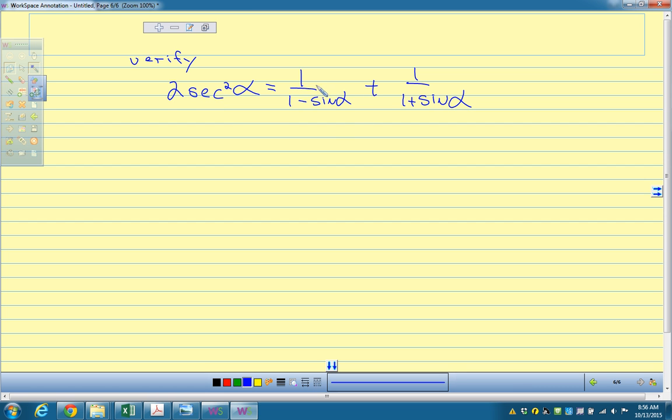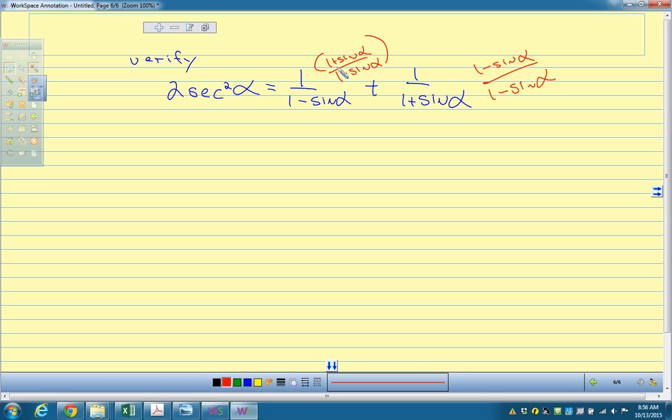Find a common denominator. So I'm going to multiply this one by 1 plus sine alpha over 1 plus sine alpha, and I'm going to multiply this by 1 minus sine alpha over 1 minus sine alpha.